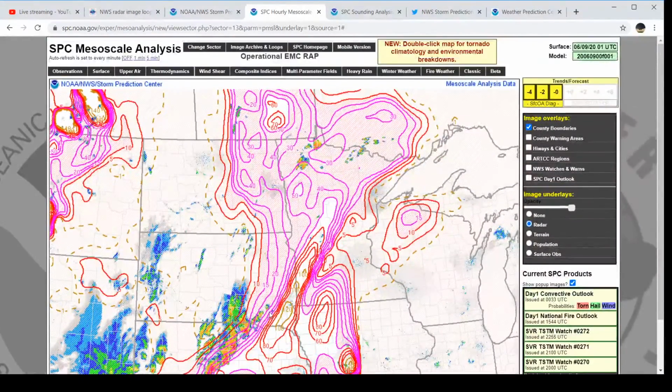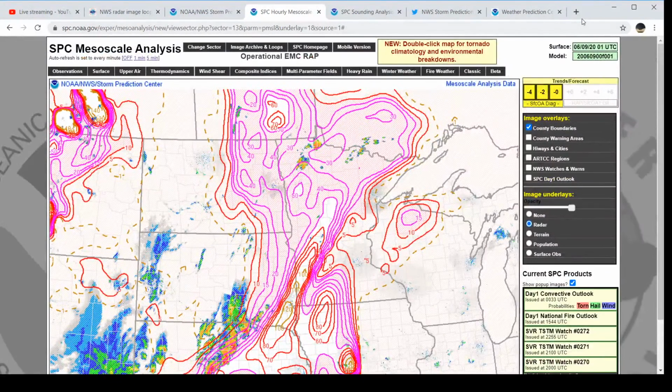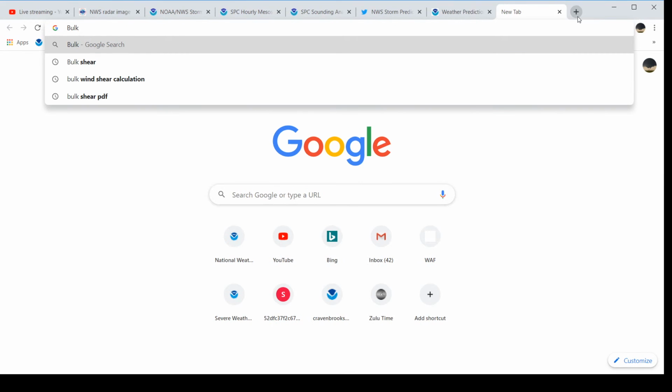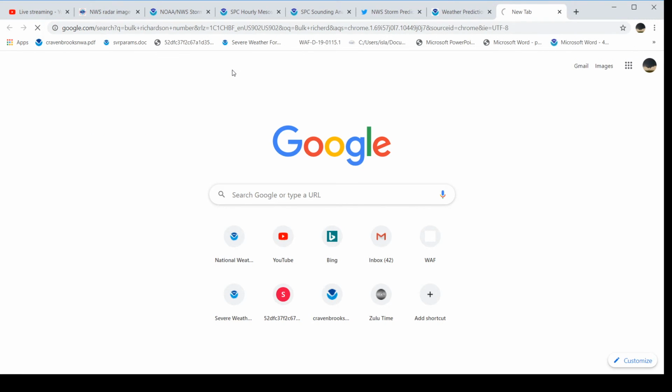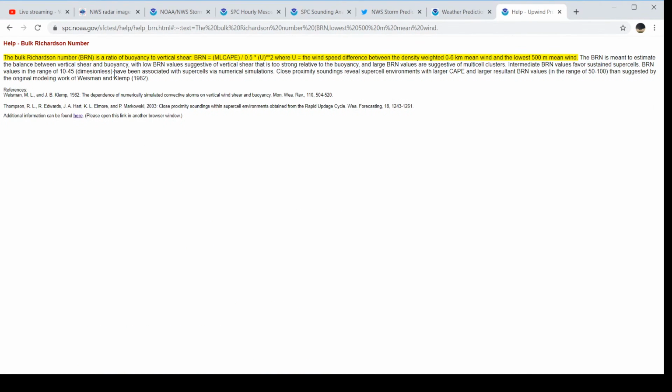This is our bulk Richardson number, in case anybody's wondering what that is. I'll show y'all. Here we go, bulk Richardson number. So here's a general idea. Bulk Richardson number is a ratio of buoyancy to vertical shear.